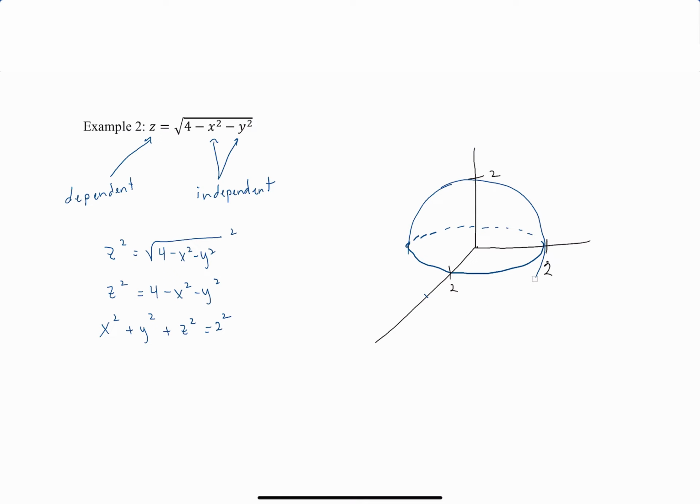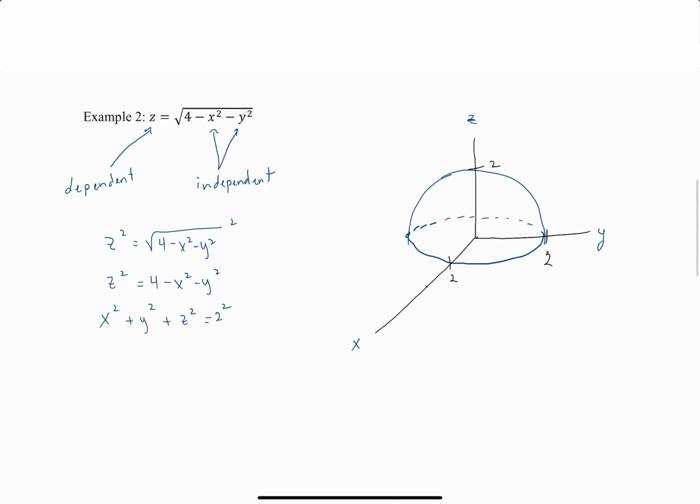Okay, there we go. Now, again, with independent variables, they can be anything, well, technically anything that's in the domain. And then the value of the other one, and I should really label my axes, shouldn't I? Anyway, then the value of the dependent one depends on the other two. So for example, the reason we have this point up here is that z equals 2 if you plug in 0, 0 for x and y.